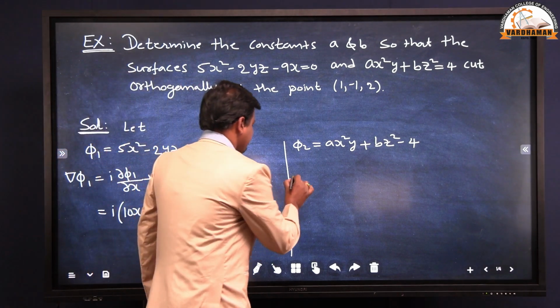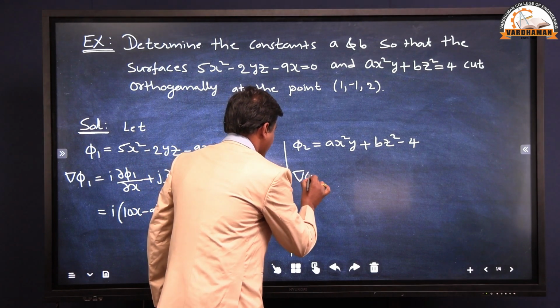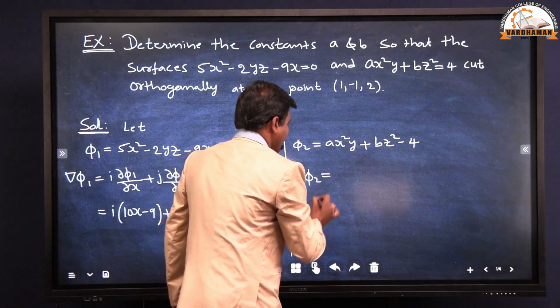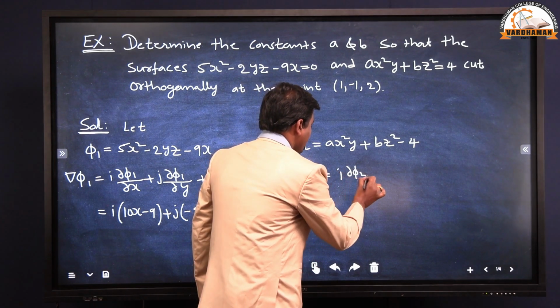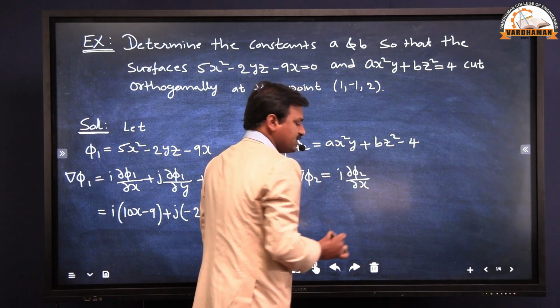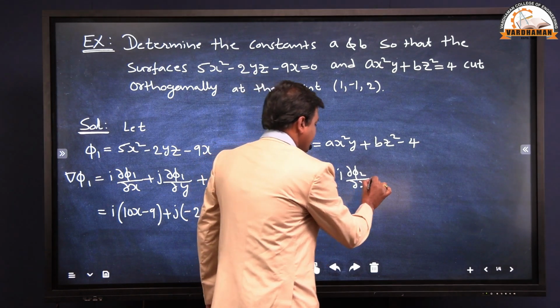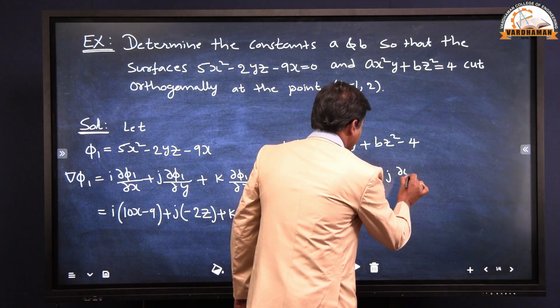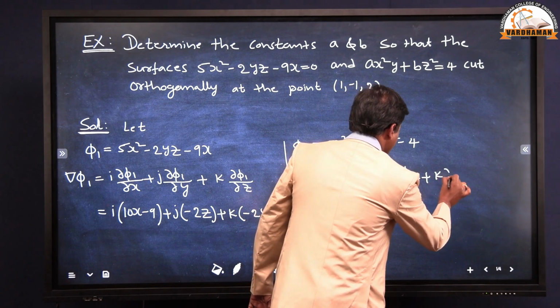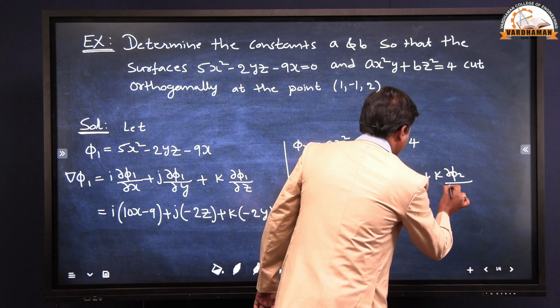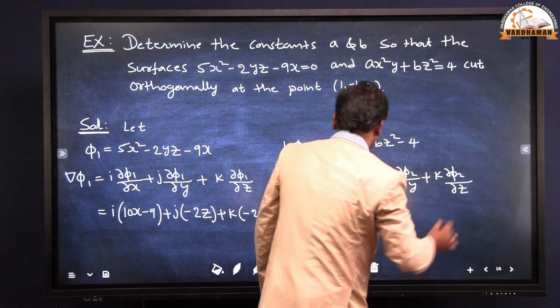Next del phi 2. Del phi 2 equal to i dou phi 2 by dou x plus j dou phi 2 by dou y plus k dou phi 2 by dou z.